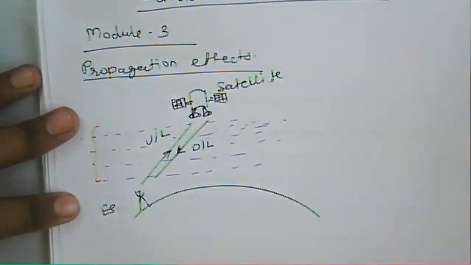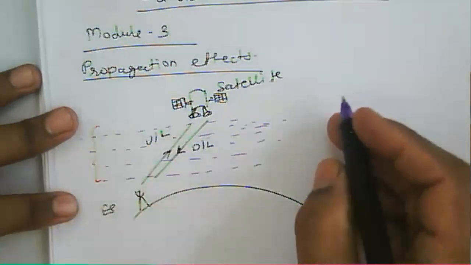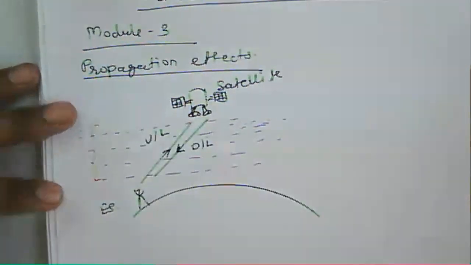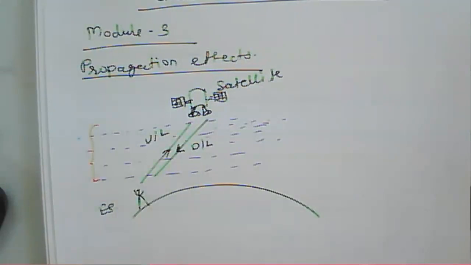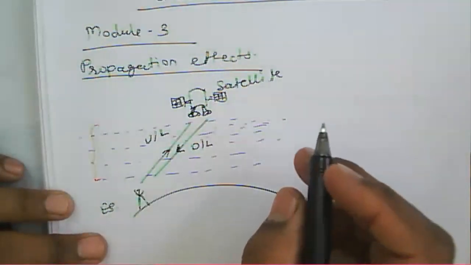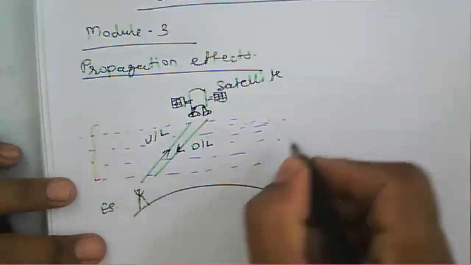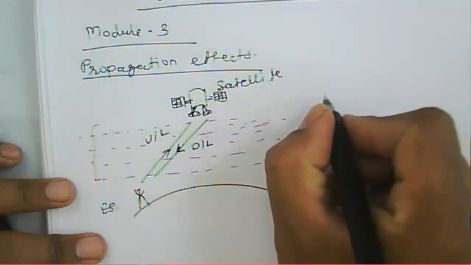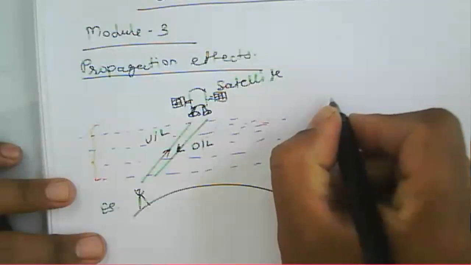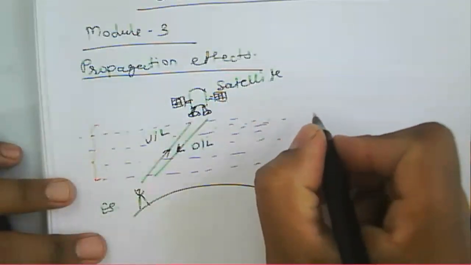Now we will learn what effects occur on the transmitted signal. Generally, when we transmit a signal, near the Earth station there are particular atmospheric conditions that differ.